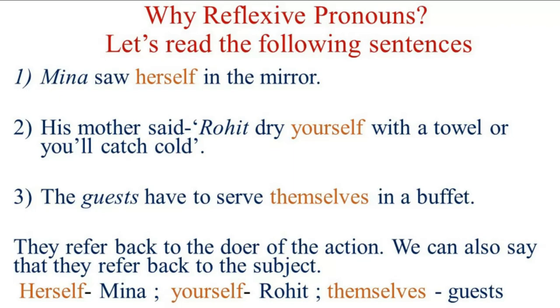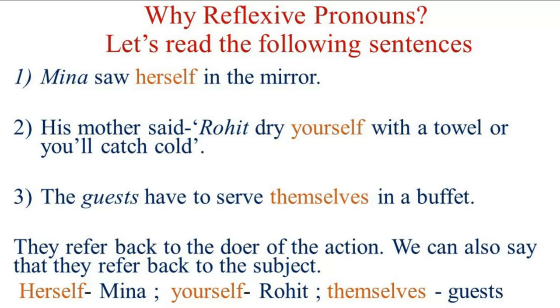Now, let us come to the reflexive pronouns. You notice three words, herself, yourself, and themselves in the sentences that you have just read. These words are called reflexive pronouns because they refer back to the doer of the action. We can also say that they refer back to the subject, the person who is performing the action.